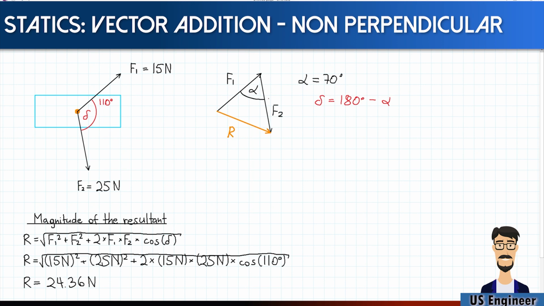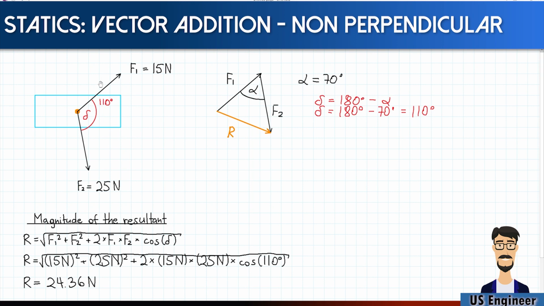In our situation, delta is equal to 180 degrees minus 70 degrees, and that is equivalent to 110 degrees. So basically the angle that we have given right here.